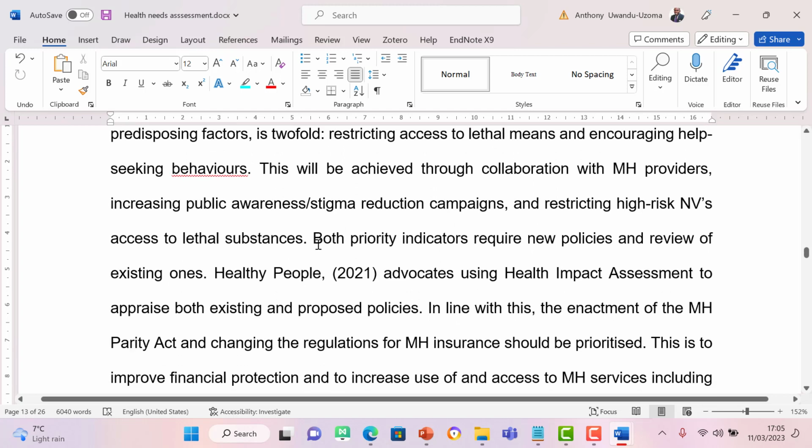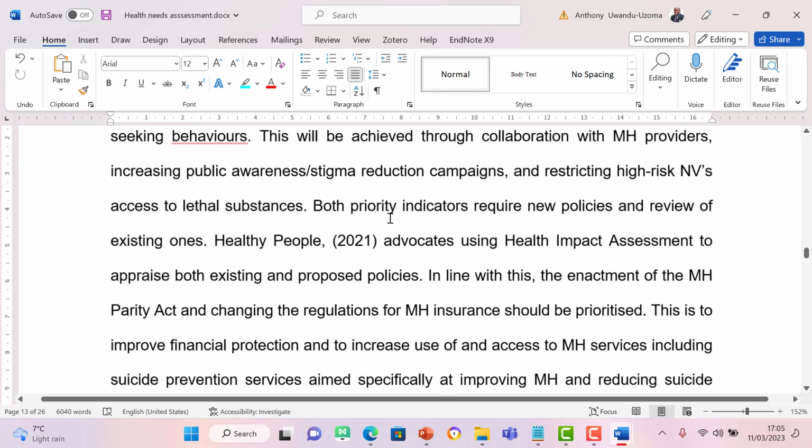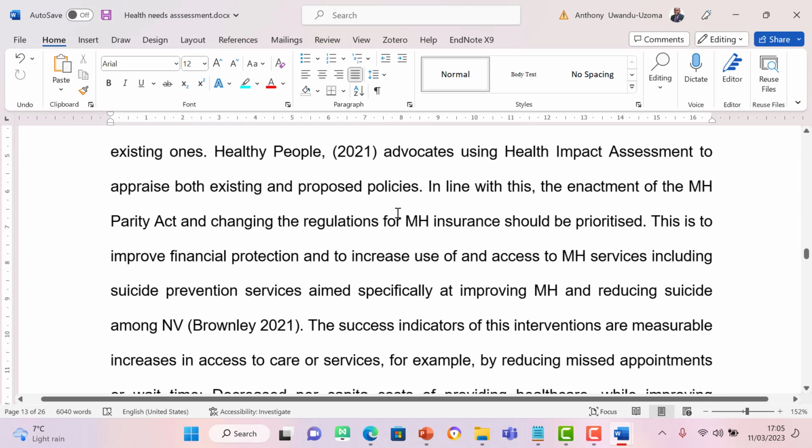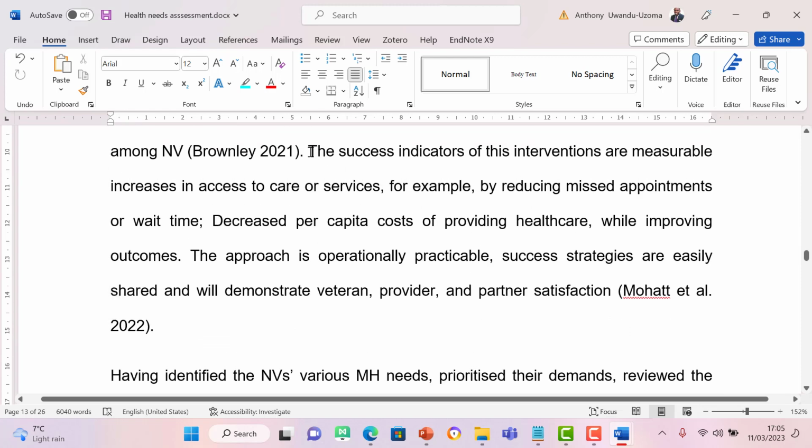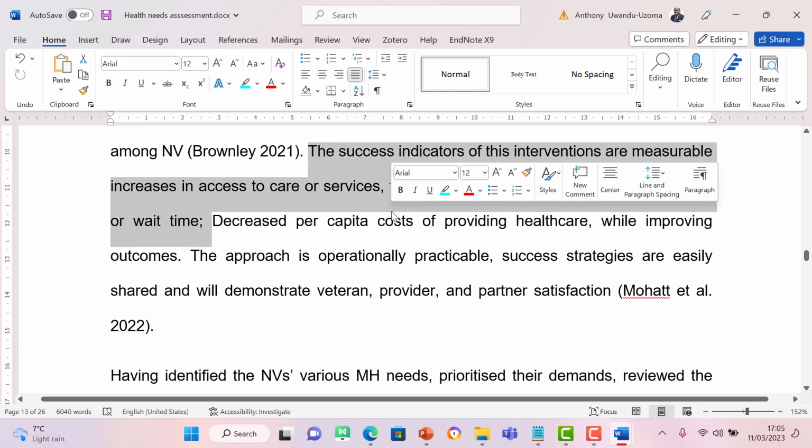So you can use a narrative to explain what you want to do, or you can also use the table that I showed you in the previous video. And then the author talked about indicators. How will you measure the results of your study?